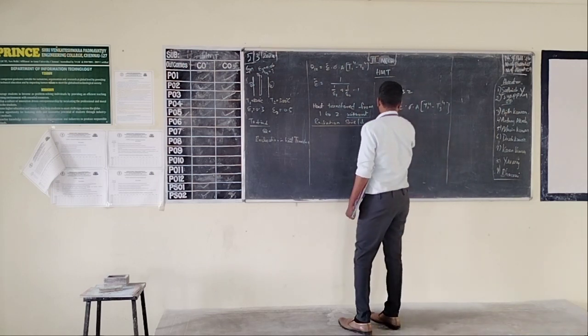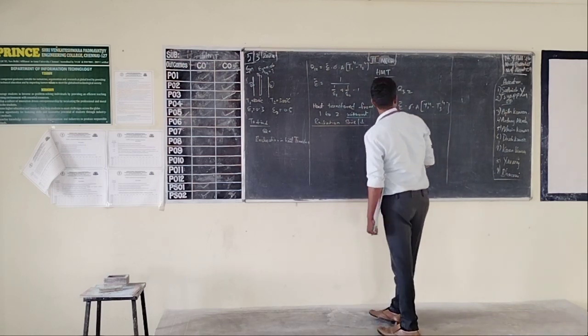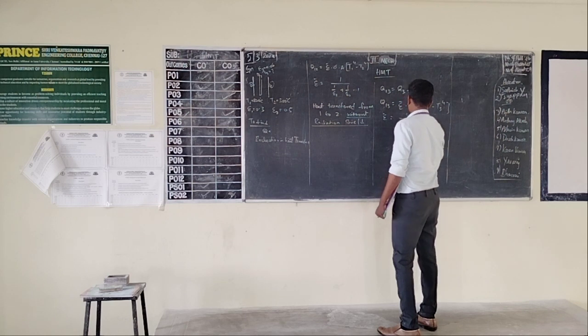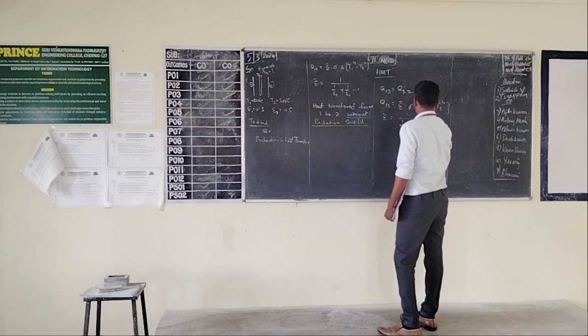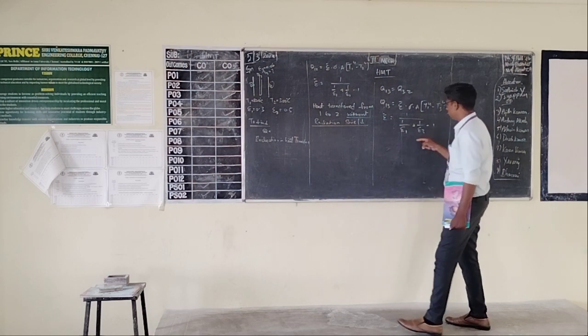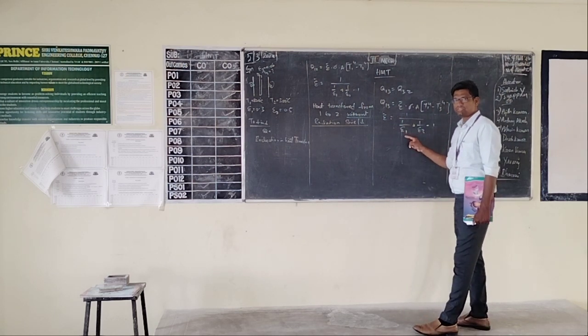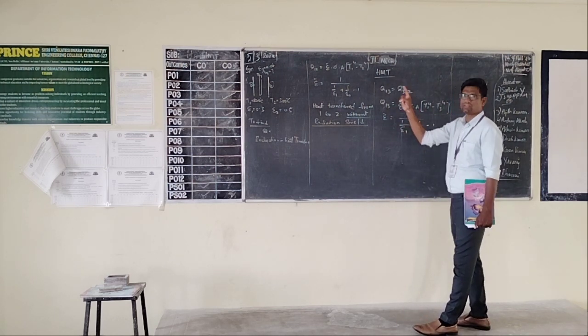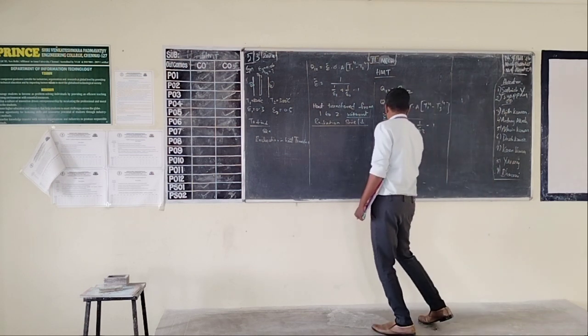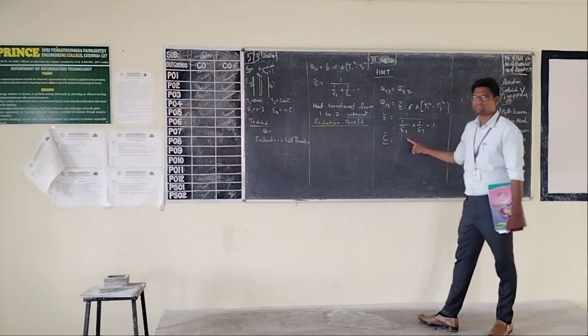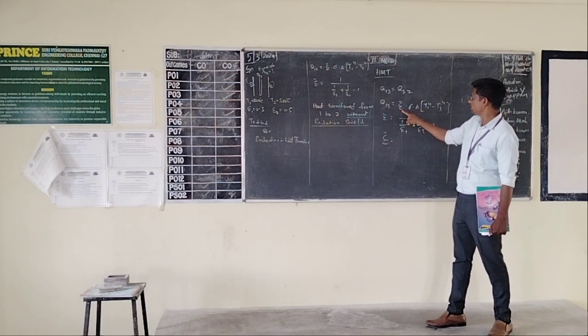And for the total emissivity, 1 by epsilon 1 plus 1 by epsilon 3 minus 1. Do you have all the other values? You have emissivity for 1, you have emissivity for 3, and you can substitute in this formula and calculate.